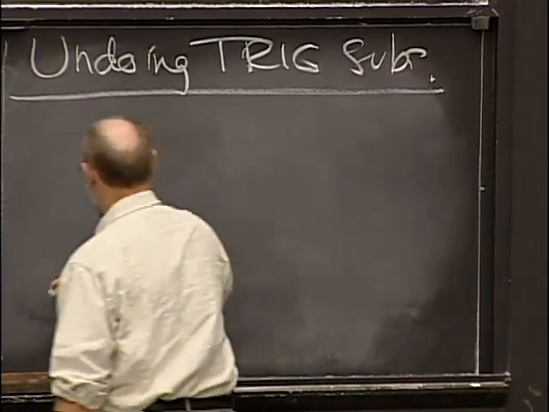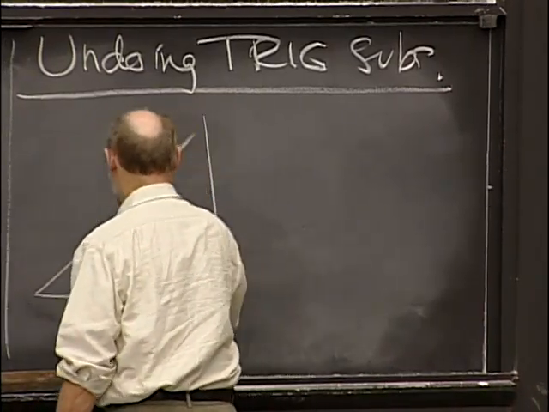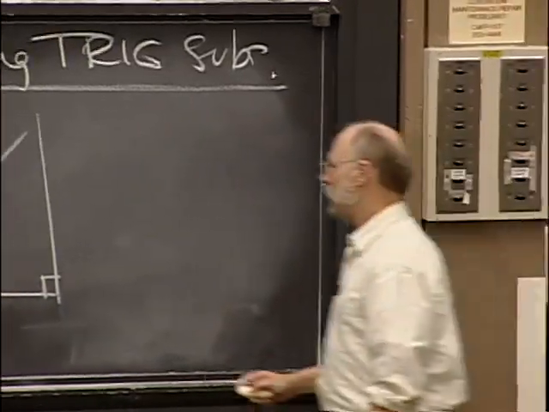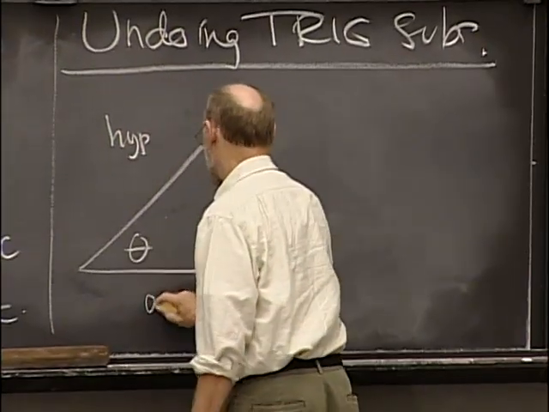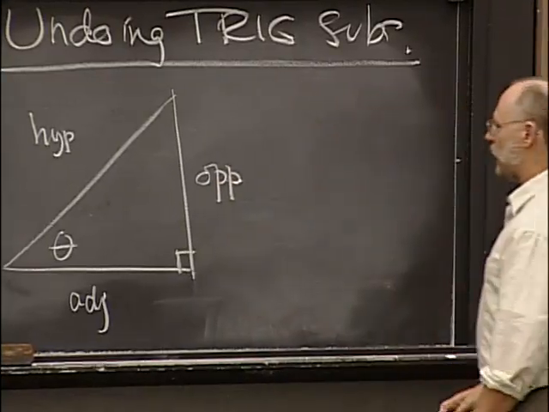So let's go back to where trigonometry always comes from, this right-angled triangle with a theta in the corner. And then these three sides: this one's called the hypotenuse, this one is called the adjacent side, and that one is called the opposite side.